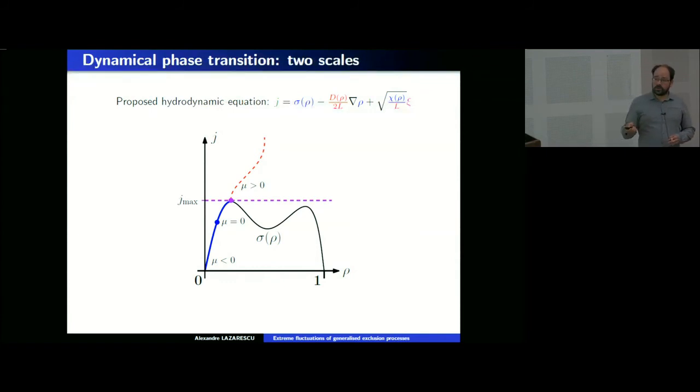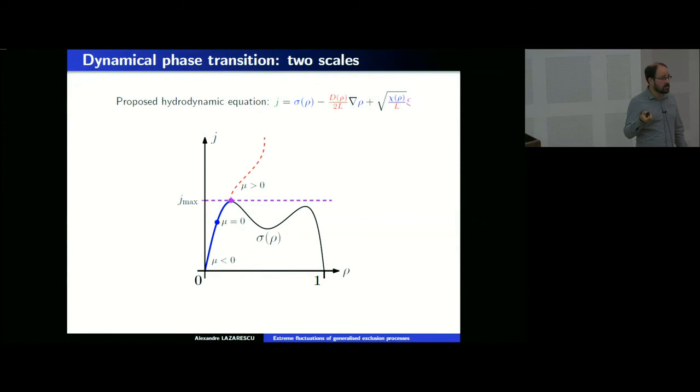So if we now consider a system where the stationary state has a density somewhere here at rho 0 with a certain current below the maximum, and I ask the current to fluctuate below the maximal current, it's fairly easy to find a density profile rho which disagrees with the deterministic equation only in a localized shock or boundary layer, and which realizes that current.